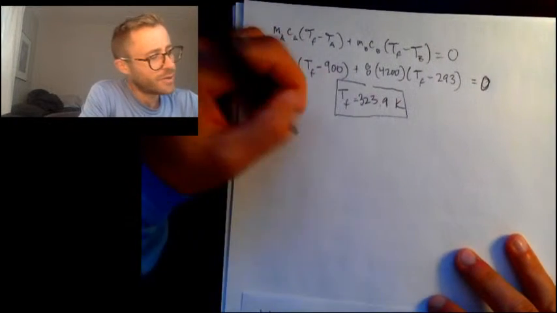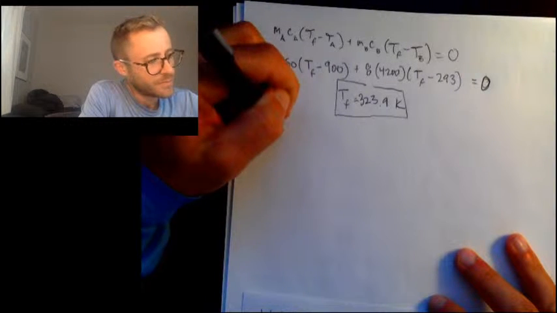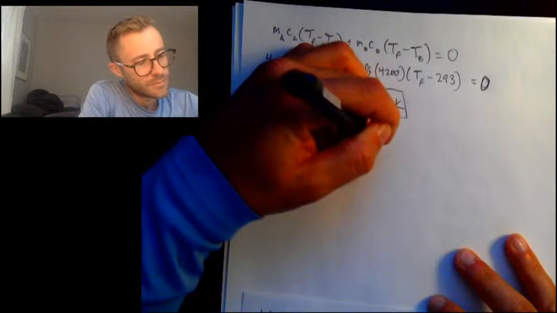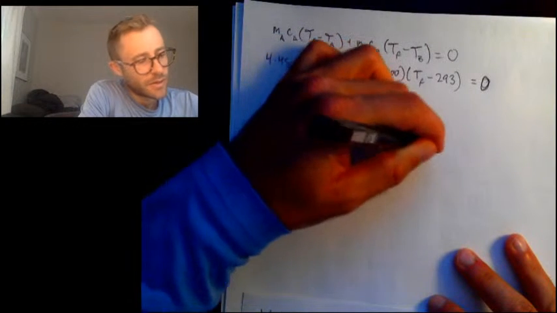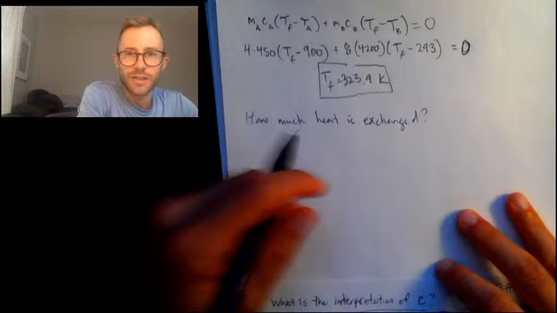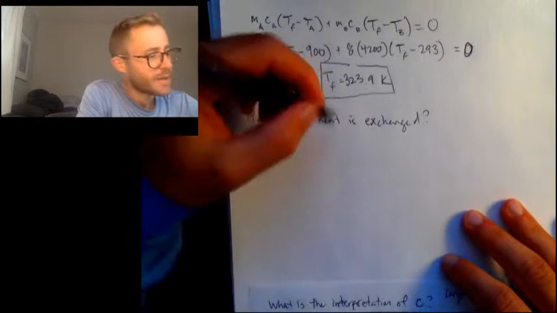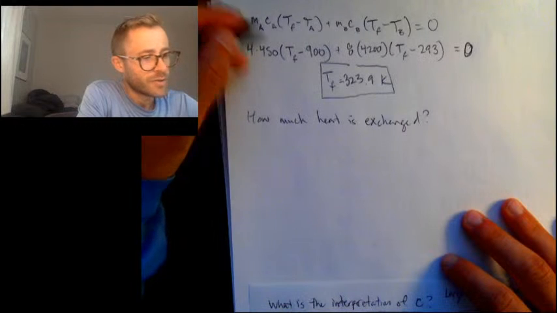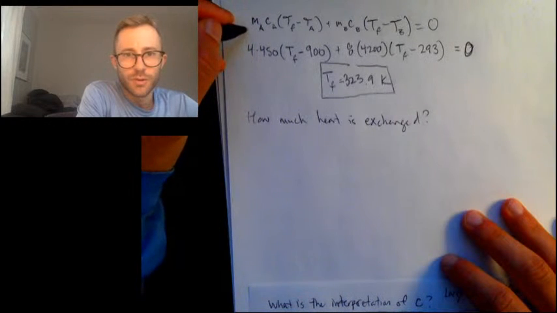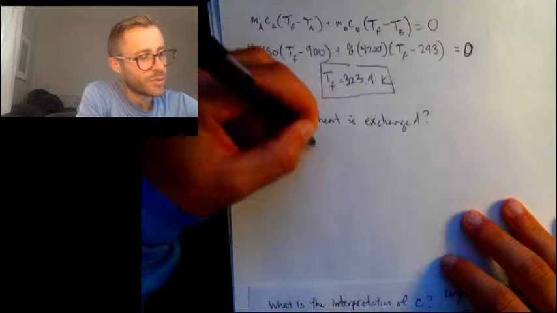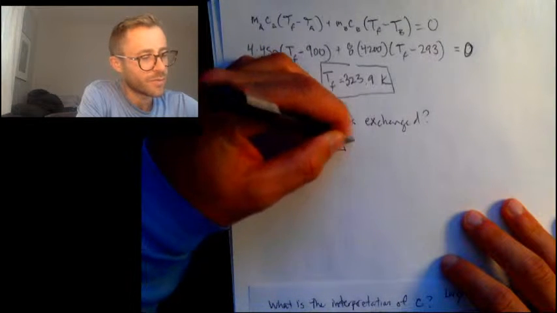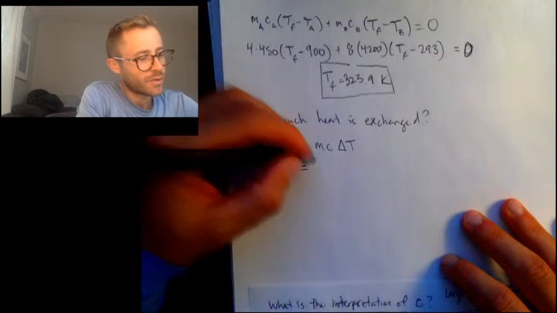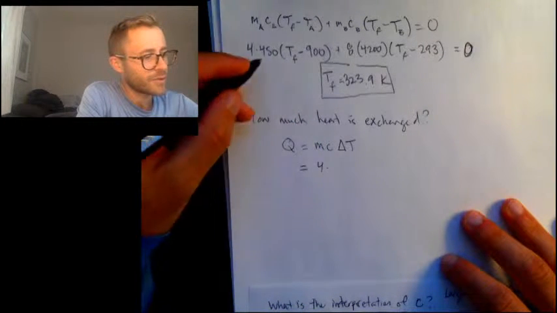Another thing I could ask you is how much heat is exchanged? Okay, so to figure out how much heat is exchanged, all you need to do is take one of the two. Let's take the sword, for example, and I'm going to do Q equals mc delta T for the sword. The mass of the sword is 4. Its specific heat capacity is 450.